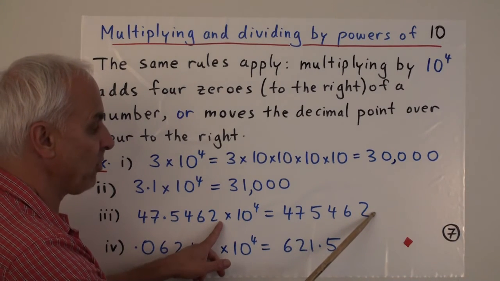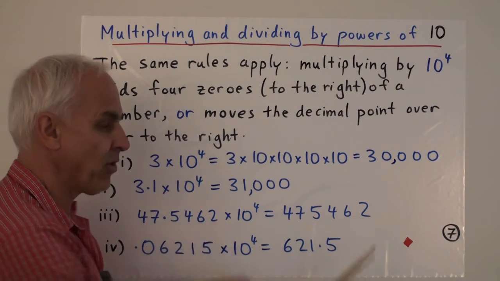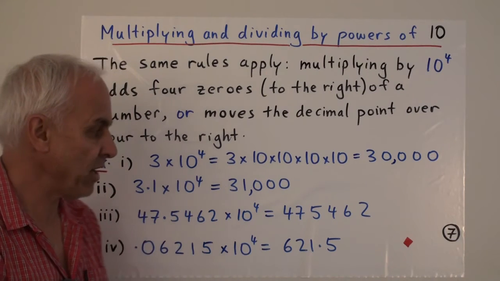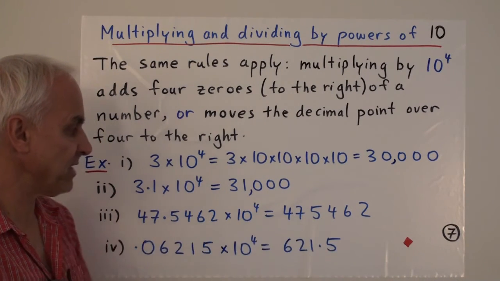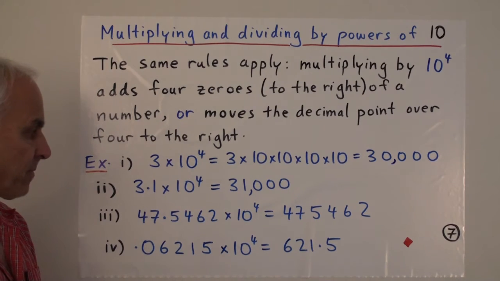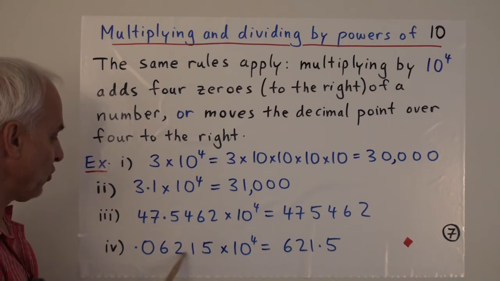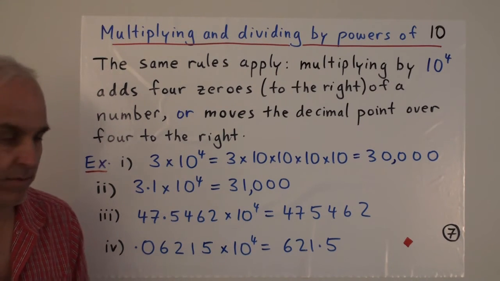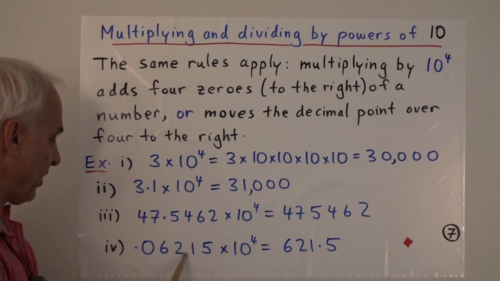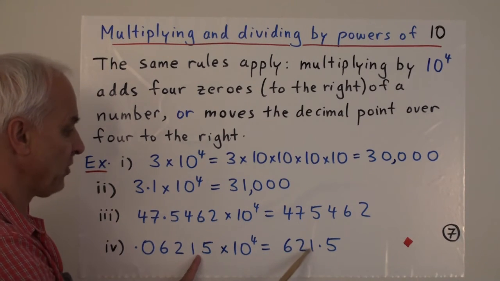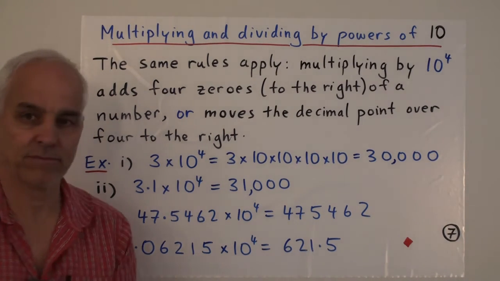The decimal point would be there, so we don't really need to put it in because it's just then 475,462. How about 0.06215 times 10 to the 4th? There's a decimal point. Move it over 4. 1, 2, 3, 4. We get 621.5.